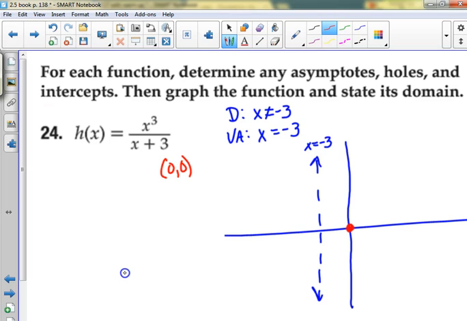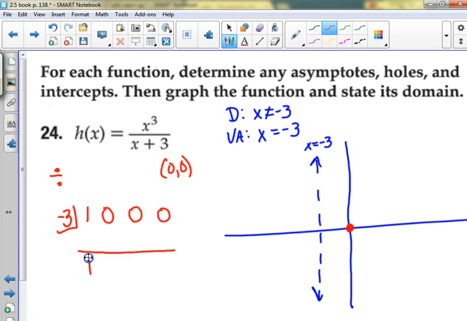So how do we find the end behavior, what it's doing out at the far left and the far right? We have to literally divide. Can we use synthetic? Yes. We're going to have a -3 and across the top: 1x cubed, 0x squared, 0x, and a 0 that's a constant.